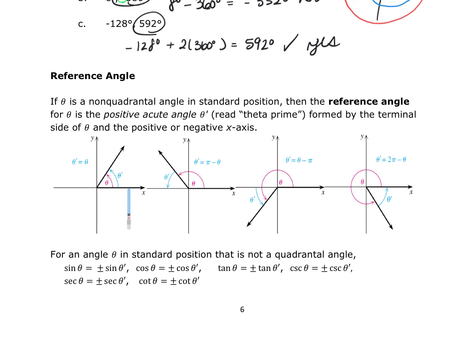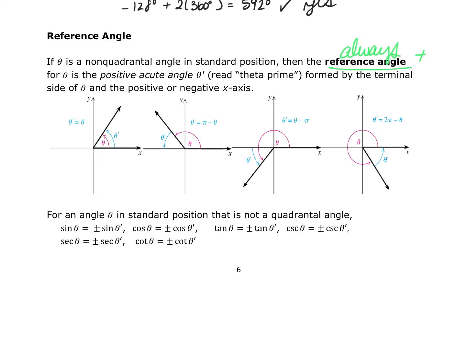And because it's a distance, reference angles are always positive, no matter which way you're rotating, because it is the shortest rotational distance to the x-axis. You're sometimes going to see the reference angle written as theta prime. I think in our book we use t prime, and that just means I am looking for the reference angle.